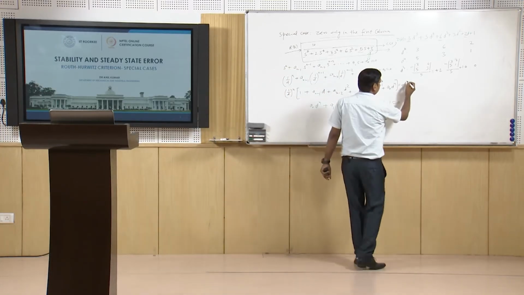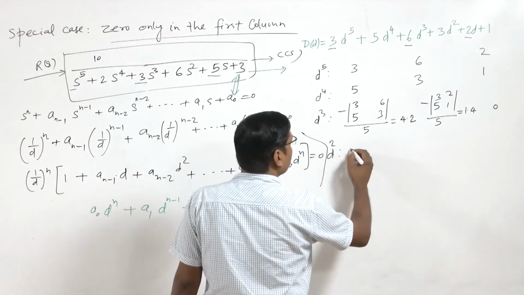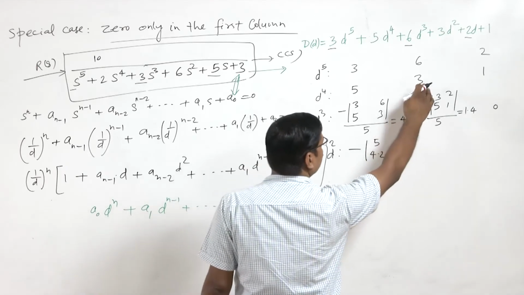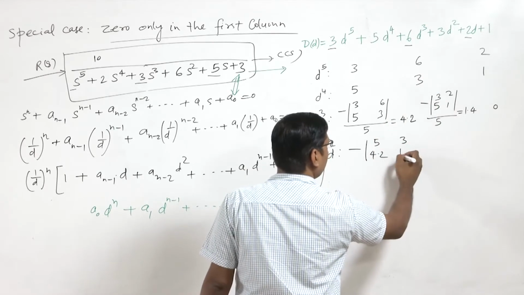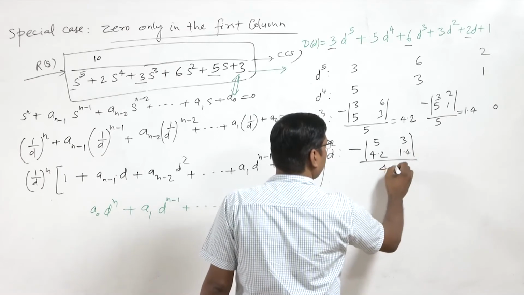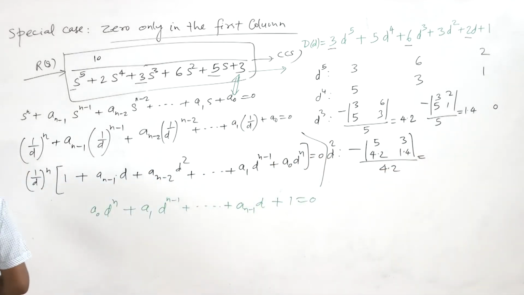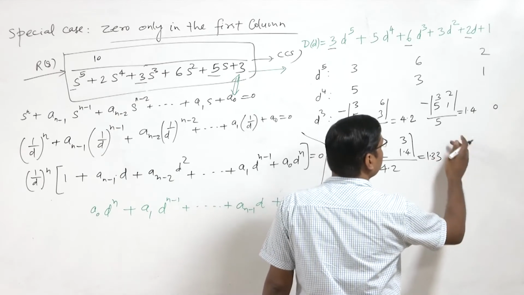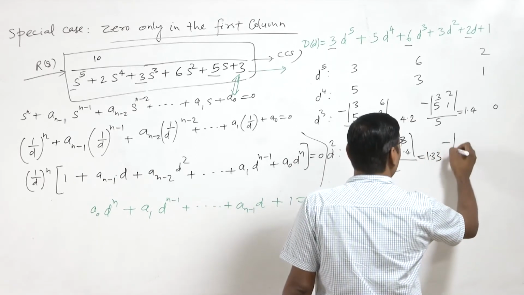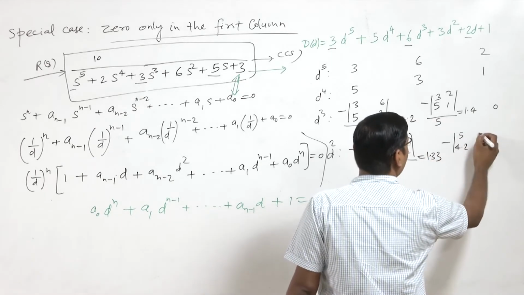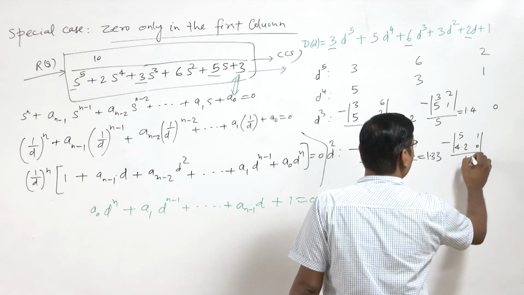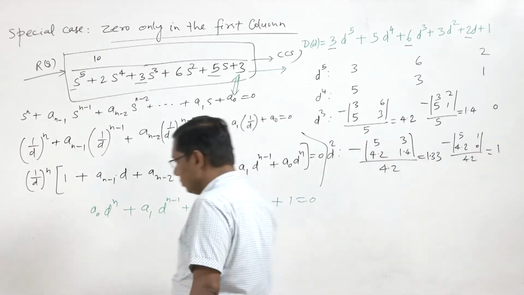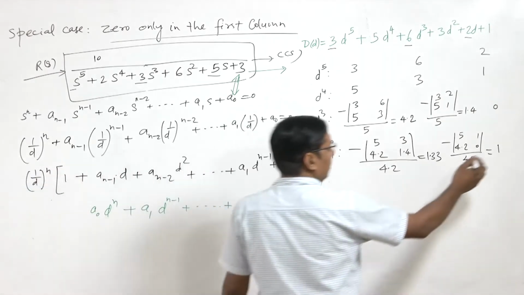Then d square. So we will calculate 5, 4.2, then 3 and 1.4 by 4.2, that is equal to 1.33, and this term is 5, 4.2, 1, 0 by 4.2, that is equal to 1, and this is 0.